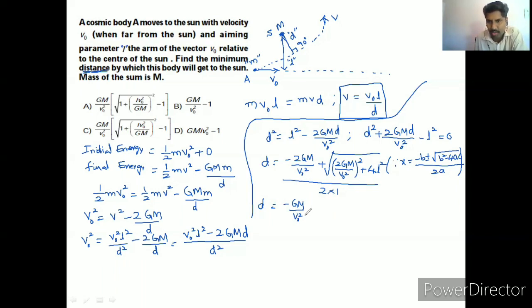Coming to the root, GM by v naught square only is there. Now under root, this term we can write as 1 plus, this is already common, L square by this term will come, v naught square by GM whole square.